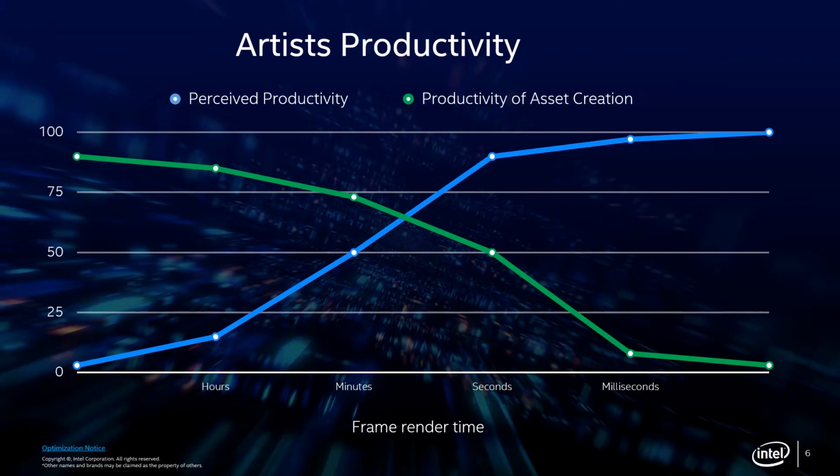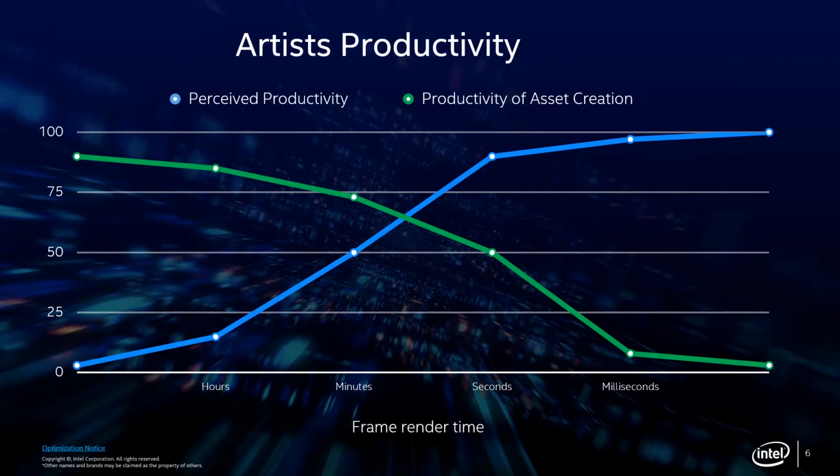So it is no surprise that if a render takes hours to complete, there are only so few iterations an artist can do in a day. And the faster a frame renders, the better, but up to some point. When a renderer completes in a second, maximum productivity is pretty much already realized.